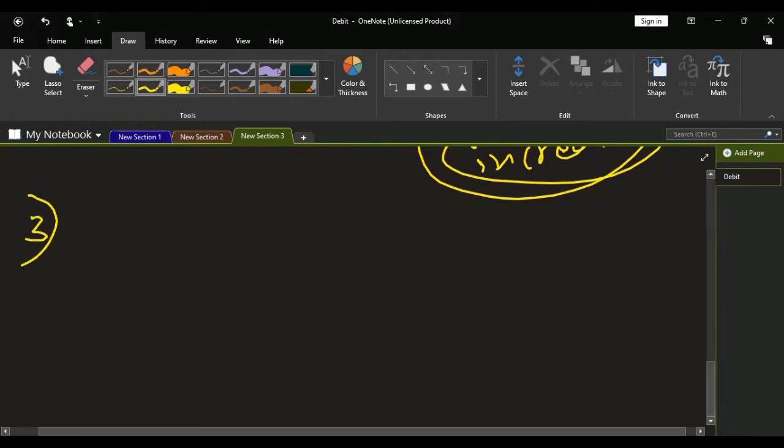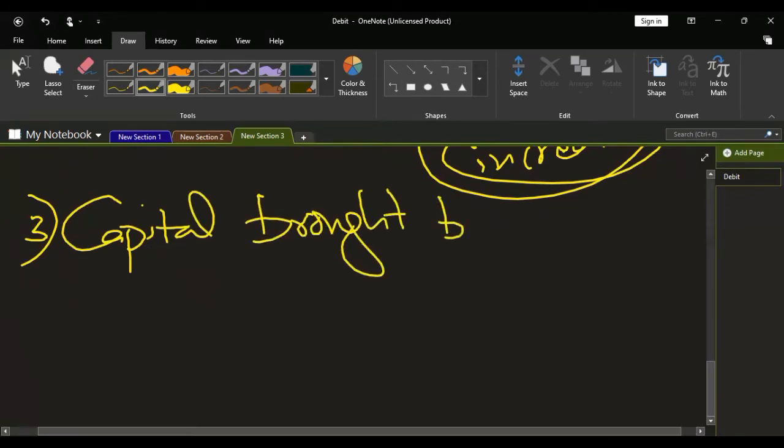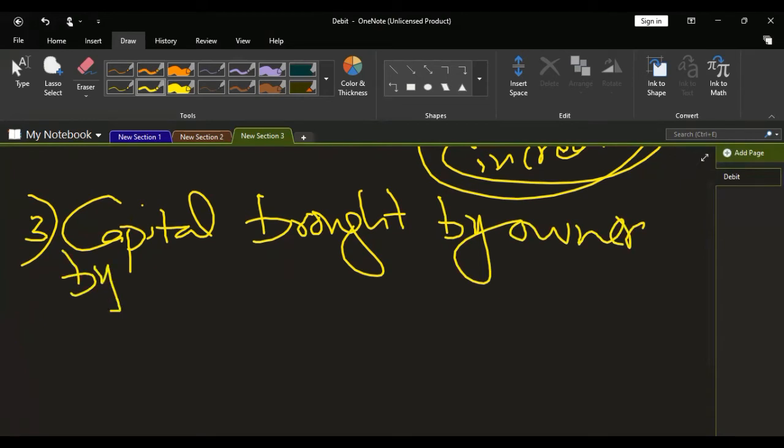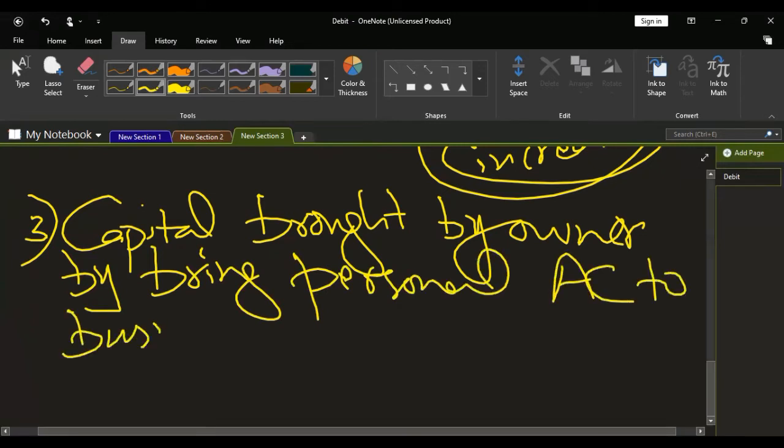The third one is capital brought by the owner by bringing a personal AC to the business.